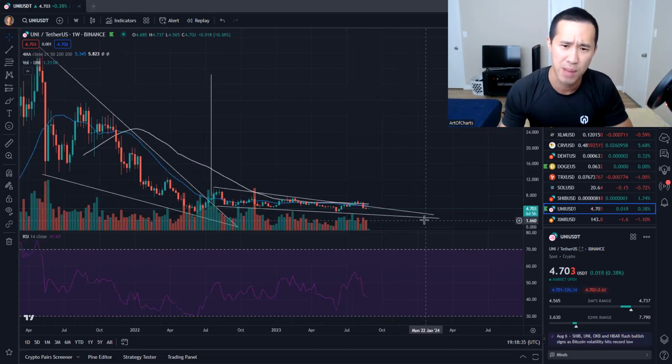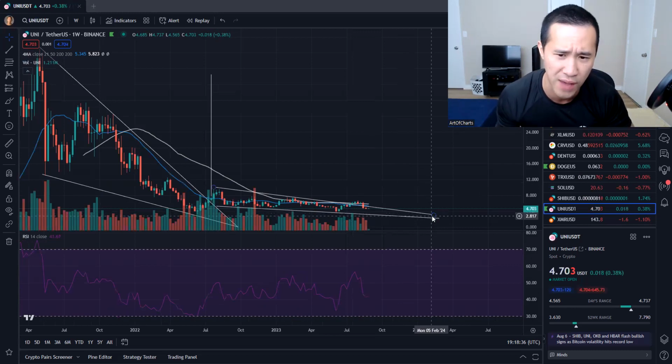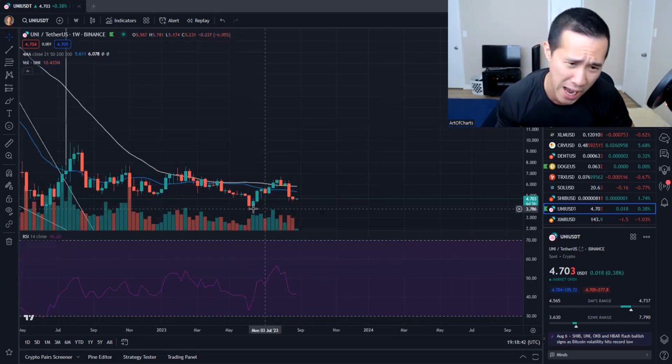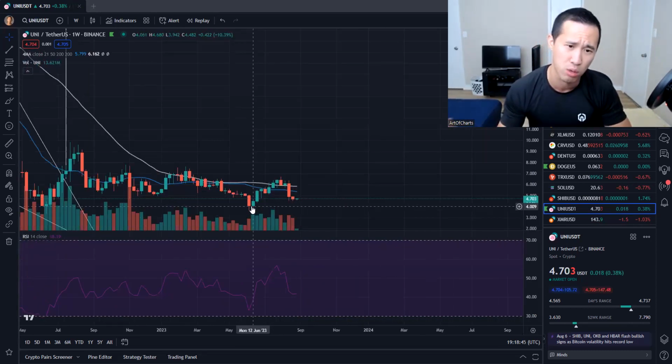In that case, I basically consider this pattern to be invalidated. And what we could be looking at is a potential double bottom pattern here, which is still usually bullish for a bullish breakout, right?